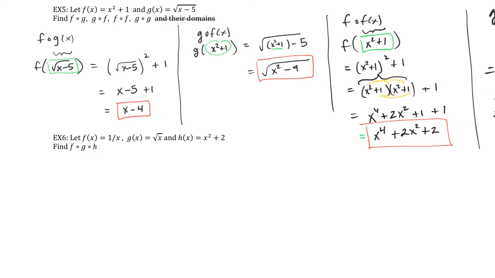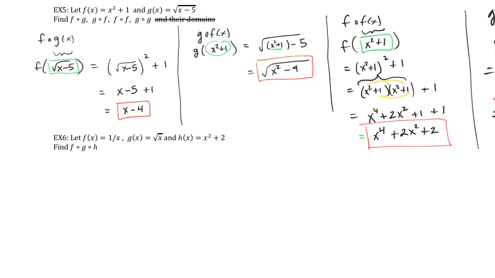All right, this one. First we go from the h. That's going to be put into my g, and whatever I get there is going to get put into my f. h is this part right here, x squared plus 2.